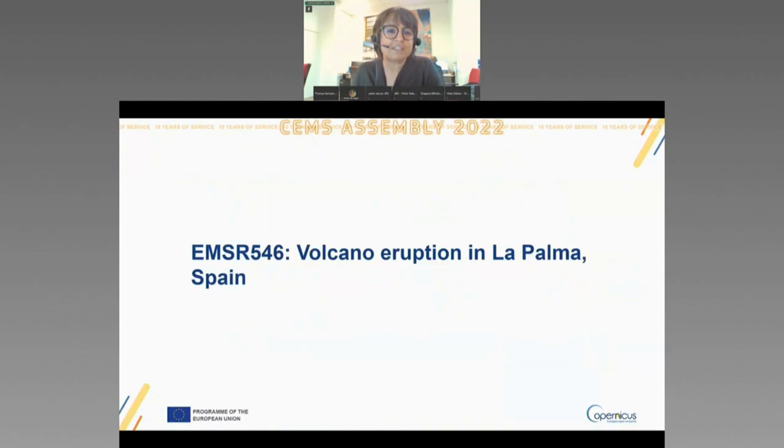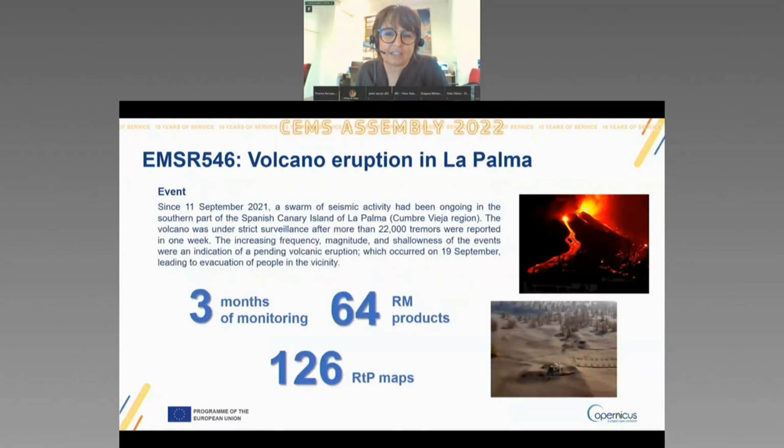So the first use case that I'm going to show you is the volcano eruption in La Palma. It was an exceptional rapid mapping activation, as already mentioned this morning, for the high number of products delivered to the user and the long monitoring of the evolution of the lava flow.